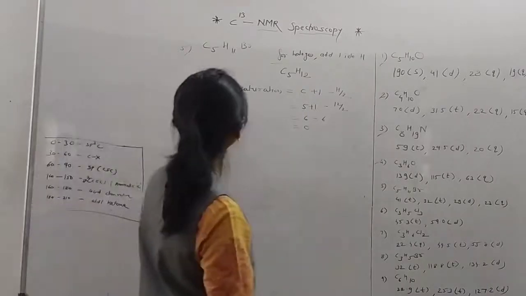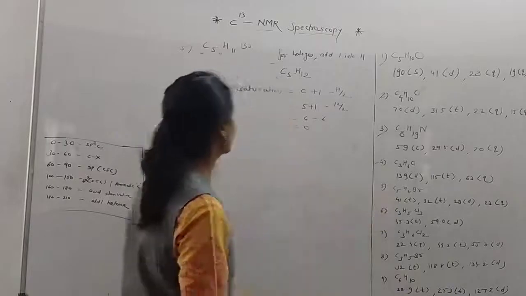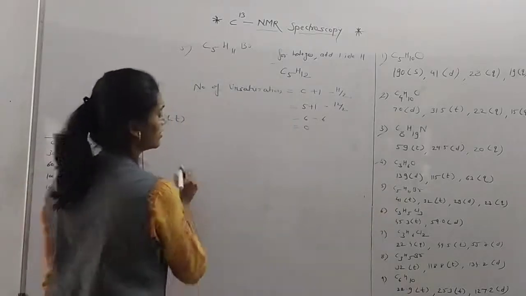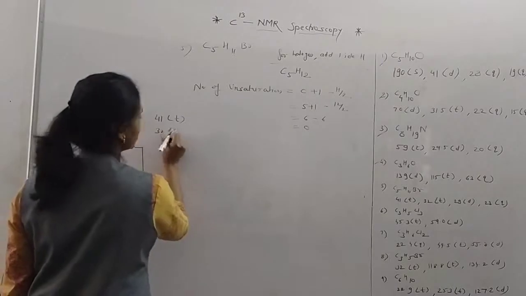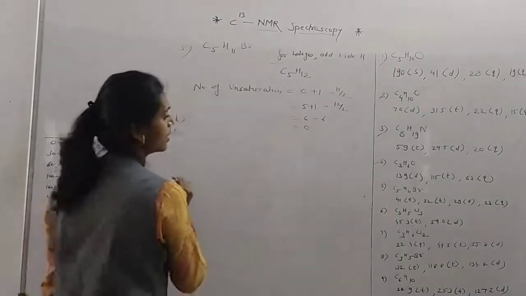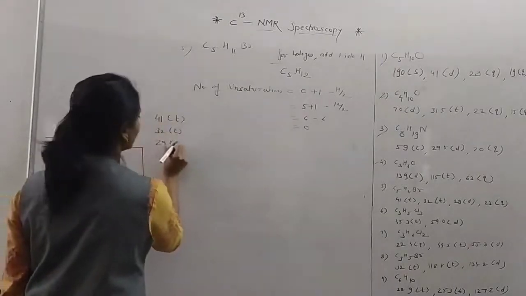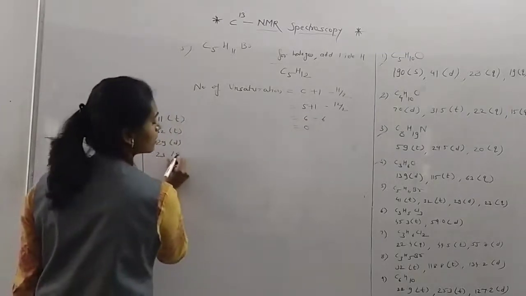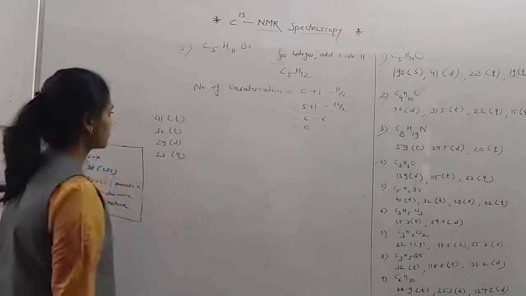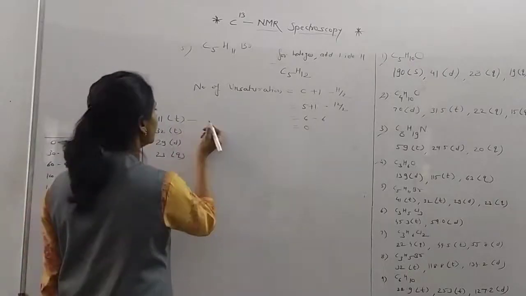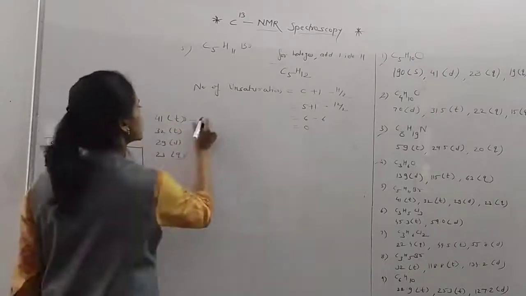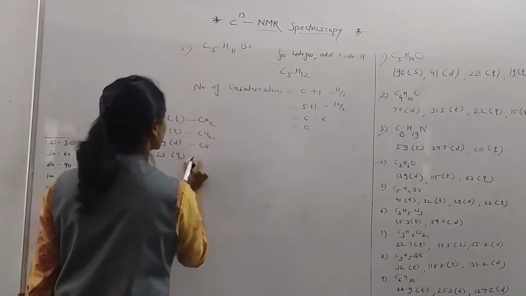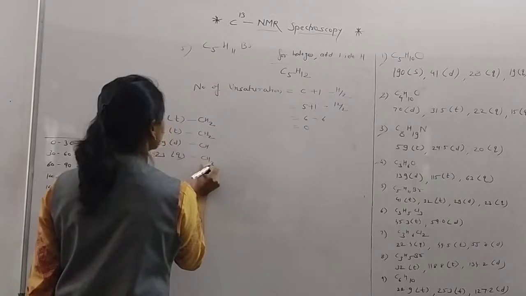So firstly we write down the given data. 41 gives triplet, 32 triplet, and 29 doublet, and 23 quartet. As we say here, triplet is CH2, triplet CH2, doublet CH, quartet CH3.